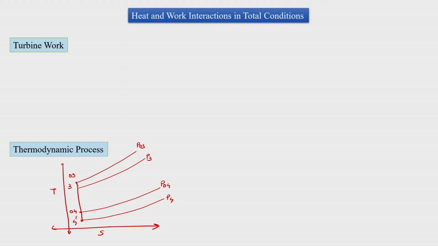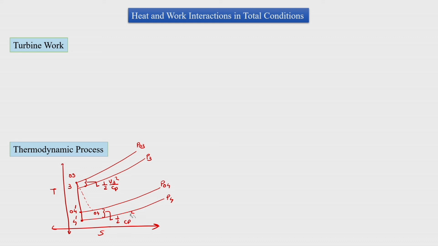So we will have a process like this where we will have this as point 04 and this would be the ideal 04 point, which is 04 dash. So this line represents half V3 square upon Cp and then this difference represents half V4 square upon Cp.